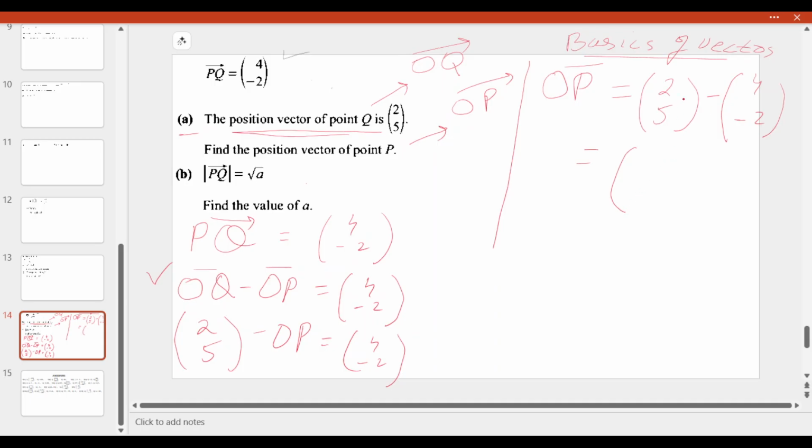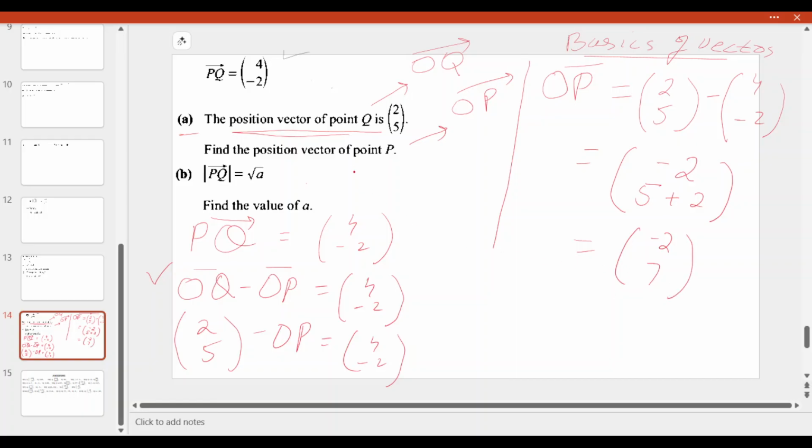2 minus 4, 2 minus 4, minus 2, and 5 minus minus becomes plus algebraically, so that is equal to (-2, 7).